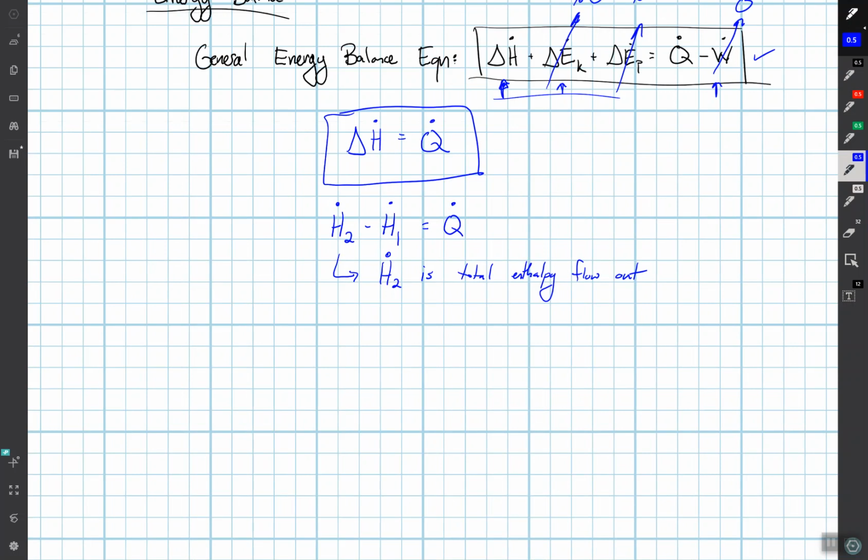The way that we can break that down, right, we want to get it into a term that we could actually look up in our tables. We could write it this way. Equals the mass flow rate times the specific enthalpy, right? This is mass flow rate, and this is the specific enthalpy.